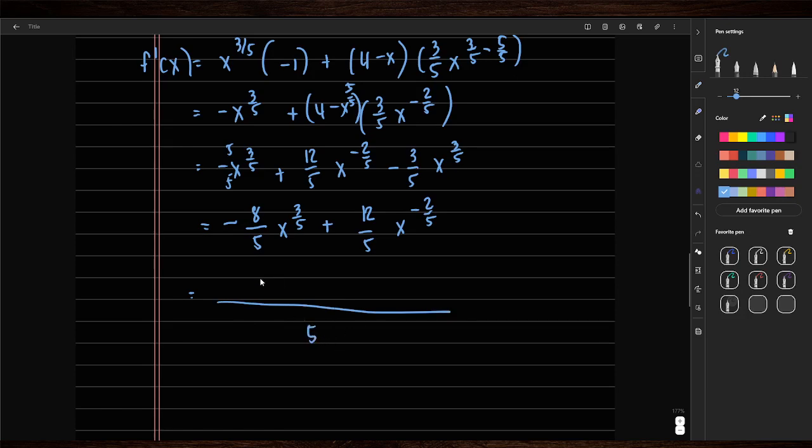So this is negative 8x to the 3/5 plus 12x to the negative 2/5.